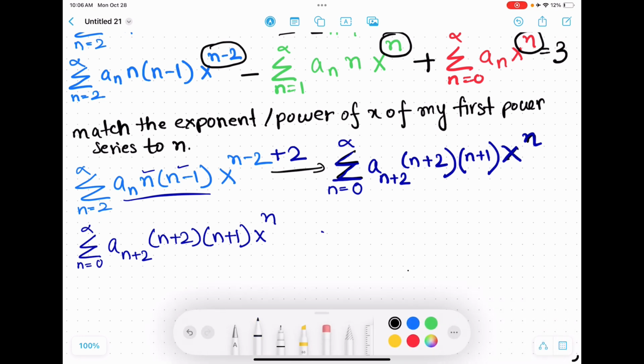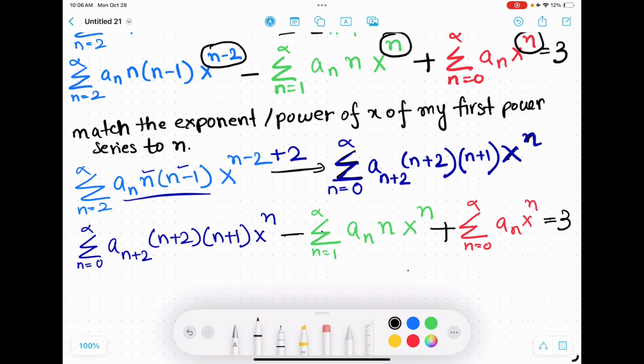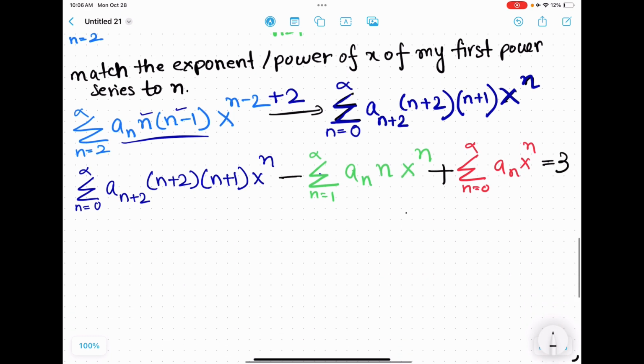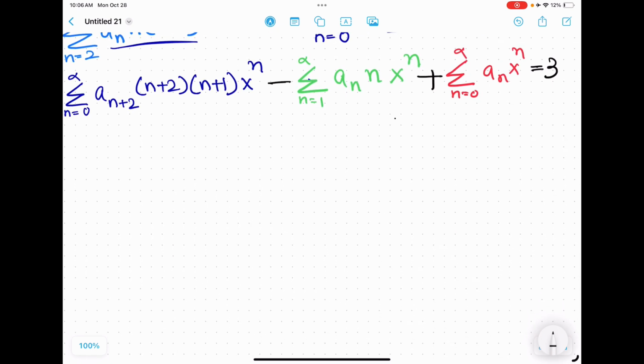And then I have my minus, just rewriting the rest of my power series: summation n equal to 1 to infinity a sub n times x to the power n, then plus summation n equal to 0 to infinity a sub n x to the power n equals 3. Okay, so we have successfully worked on our second step, which was making sure that the exponents of x, these ones right here, are all n. And we can see that they are indeed.